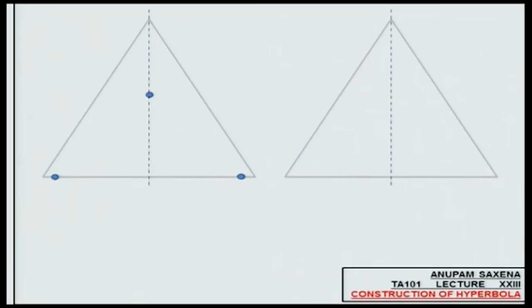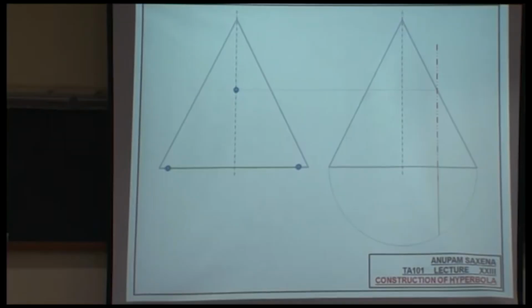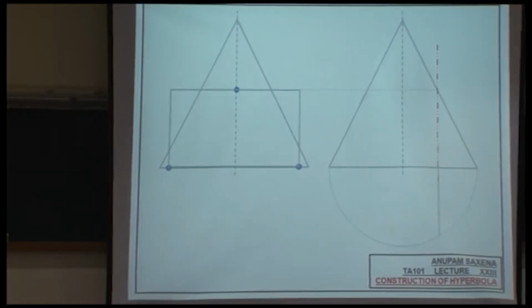Now, if you have this additional information, that you have a cone, a plane, and 3 points which are a result of the intersection between the cone and the plane in red, it is possible for you to construct a hyperbola. And this is how it could be done.